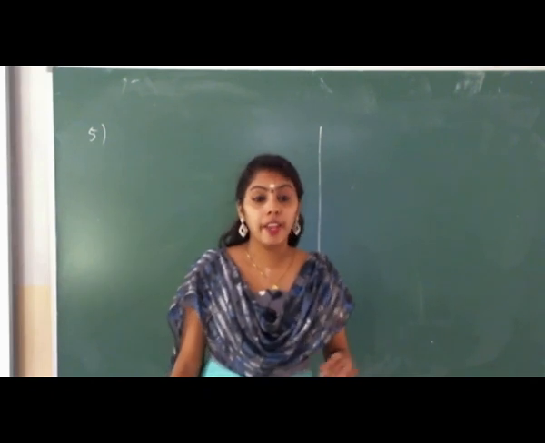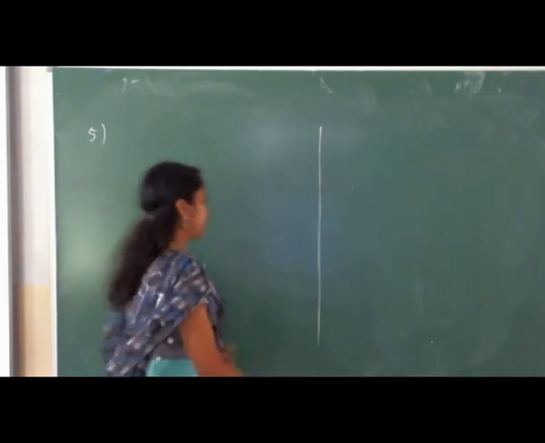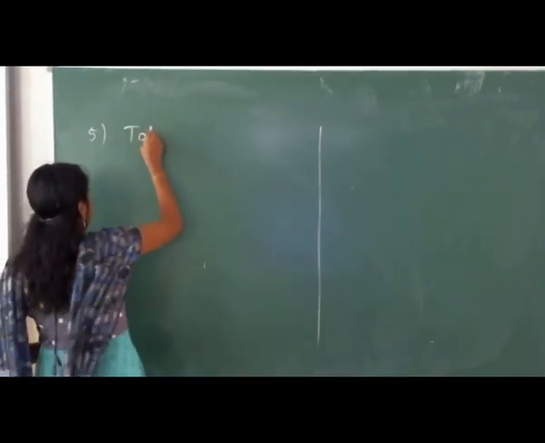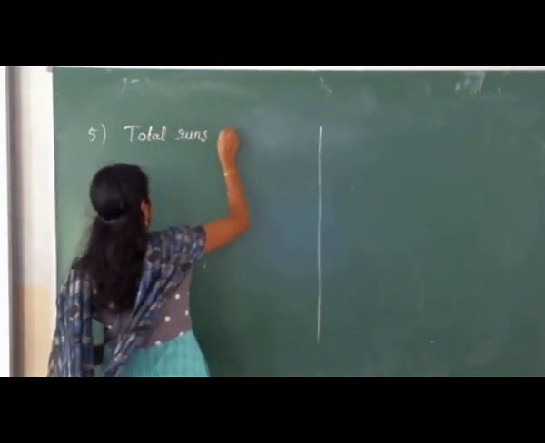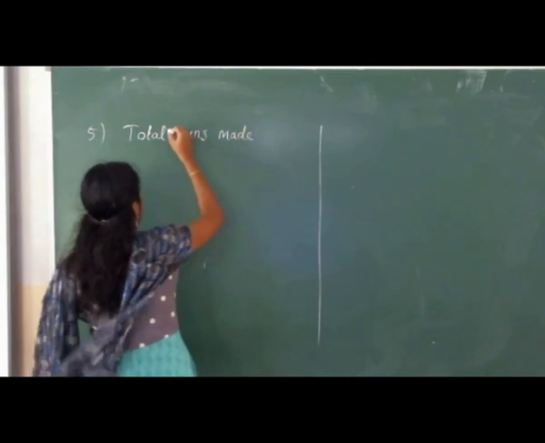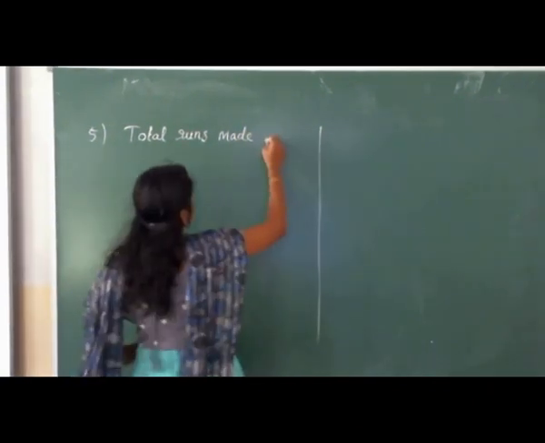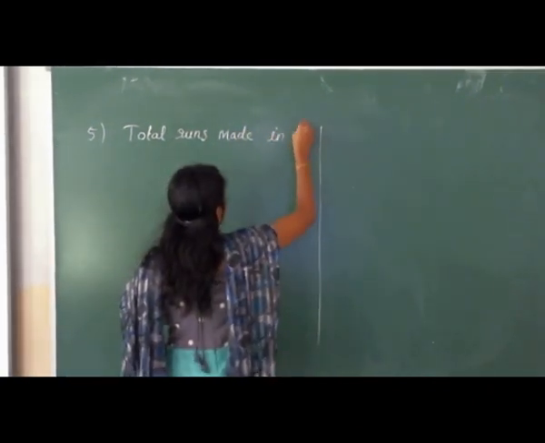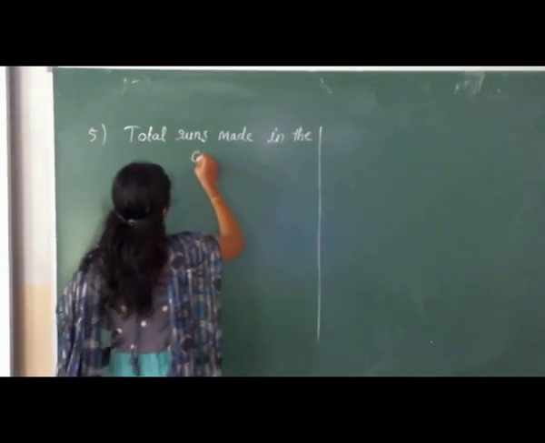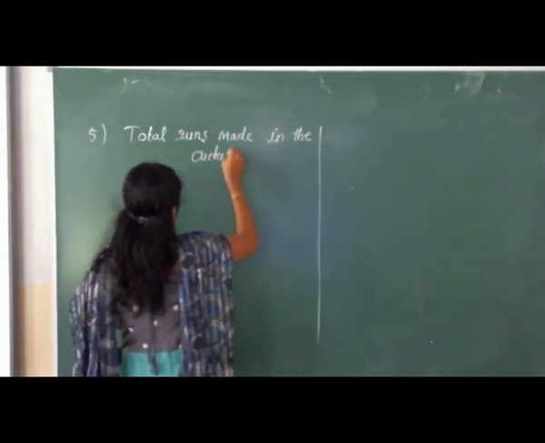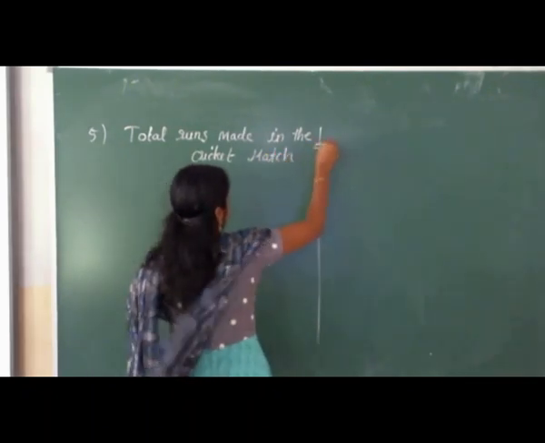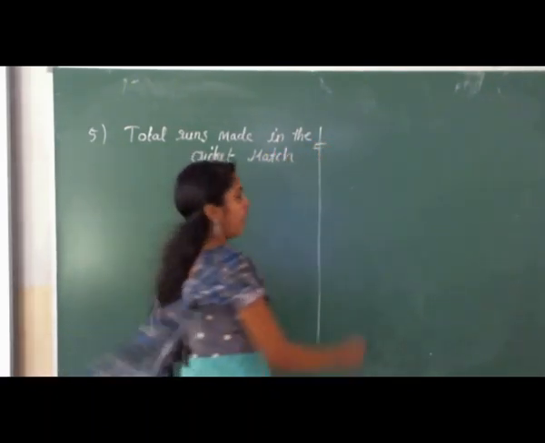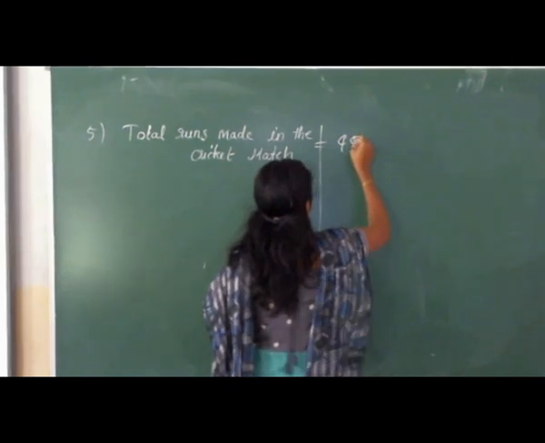Total runs made in the cricket match, total number of runs: 450.